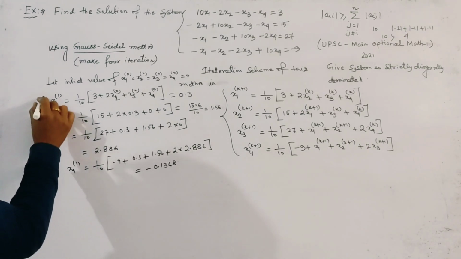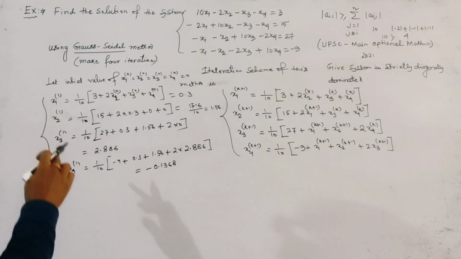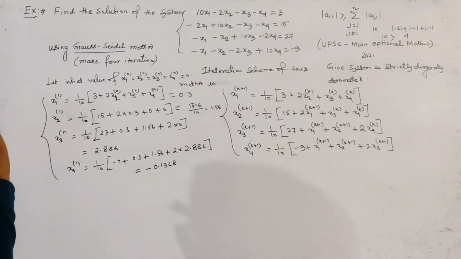Okay, these 4 are the first approximate values of x1, x2, x3, x4.